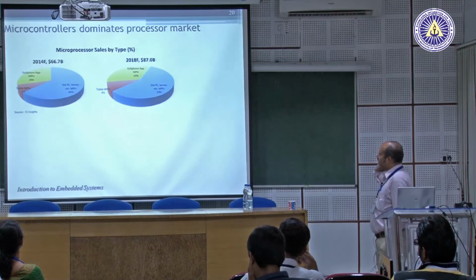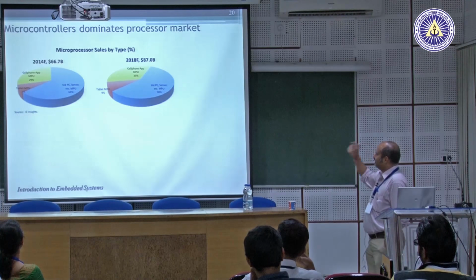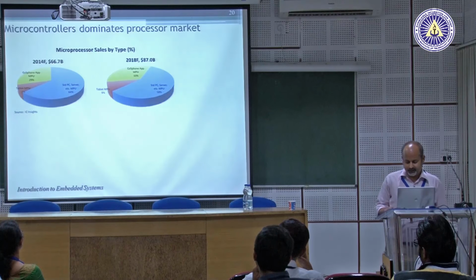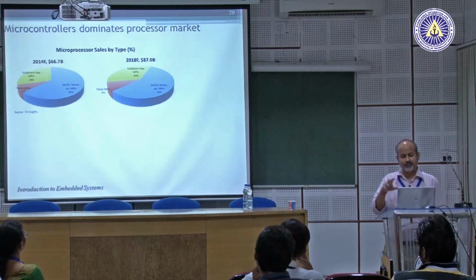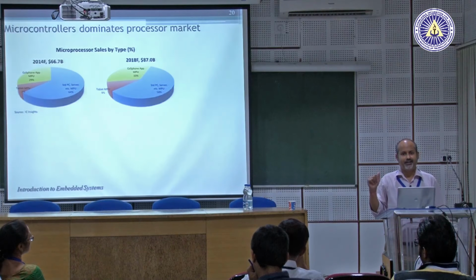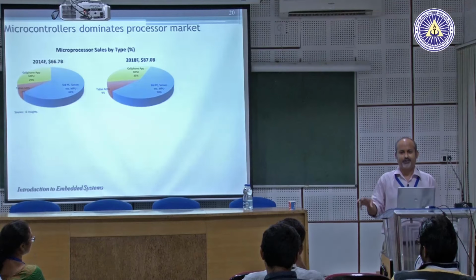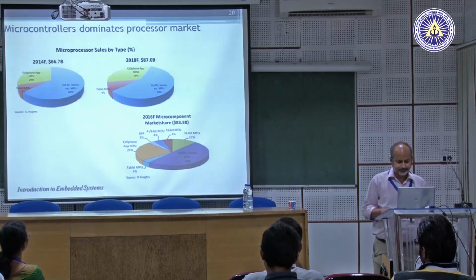In 2018 they are projecting it will be even more, about 41% of this market. Now this is just the computational side; this is not even considering the microcontrollers that go into embedded systems. This is just cell phones versus regular computation.